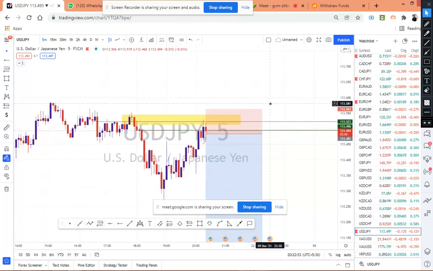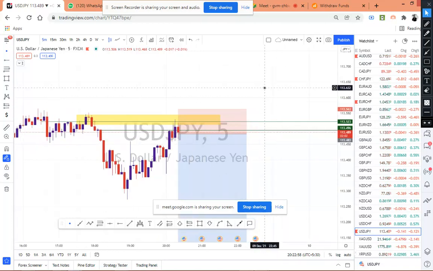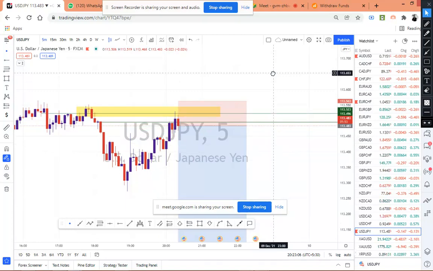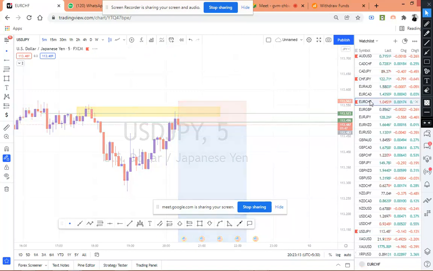Okay, still waiting for 2 minutes for the candle to close. People say check. I think the market is going to hit our stop loss.